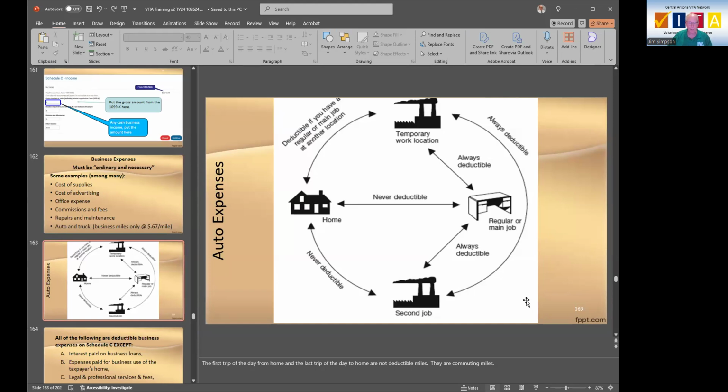That's called commuting. When you work for an employer under W-2, you don't get a deduction for driving to work or for driving home. Just because you're in business for yourself doesn't mean you get to deduct commuting. So once you get to your first job location, that first section is not deductible, but then you go to different job locations. All of that is deductible mileage. Then coming home is not deductible.